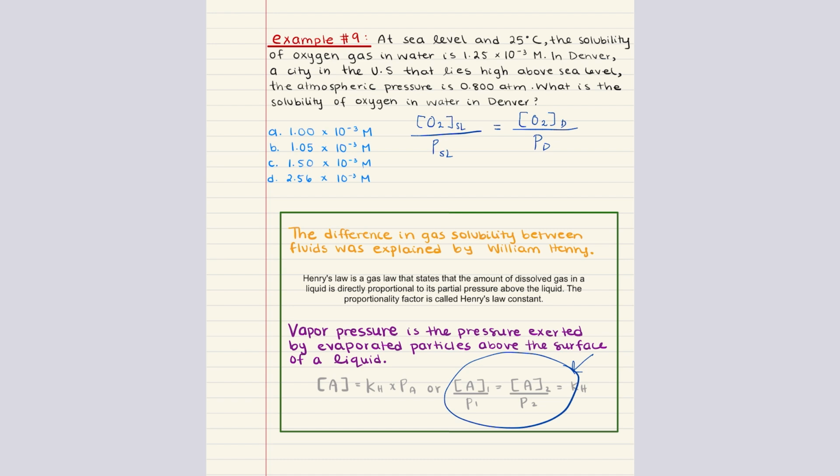We can start to replace things here. The solubility of oxygen gas in water at sea level is 1.25 times 10 to the minus 3. And the pressure at sea level is going to be 1 atmosphere. That's what's implied when we say sea level. Now we're trying to figure out the solubility of oxygen gas in Denver, but we do know the pressure in Denver at 0.8 atmosphere.